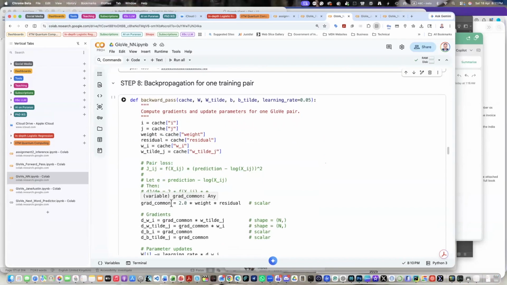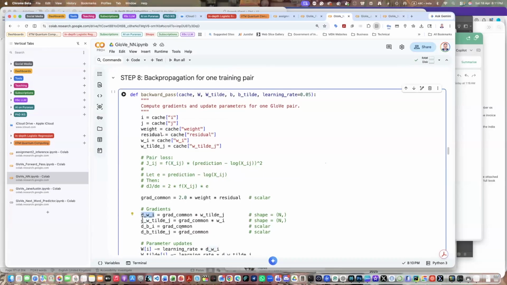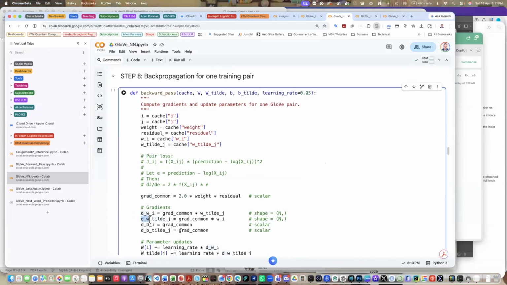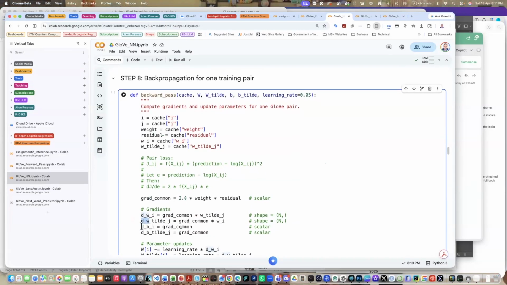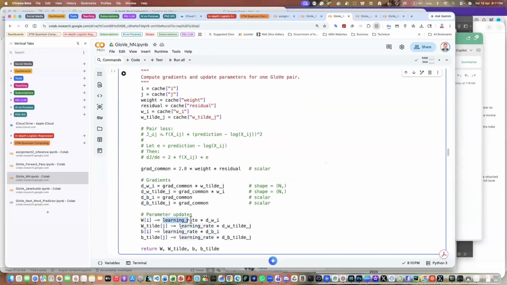That partial differential is basically the gradient. You're seeing that I am taking the partial differentials with respect to Wi, Wj, Bi and Bj. Then I attach a learning rate to that. Learning rate basically says how I should keep on learning, and I adjust each of the values.